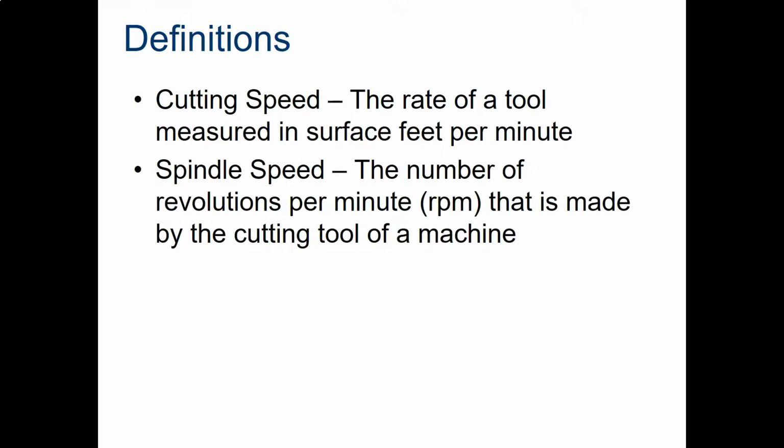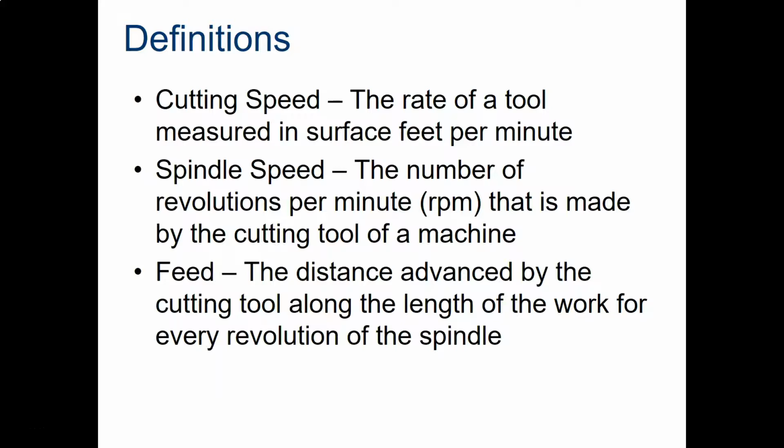This gives us the spindle speed, the number of revolutions per minute, or RPMs, that is made by the cutting tool of a machine. Feed is the distance advanced by the cutting tool along the length of the work for every revolution of the spindle. Feed, or chip load, must be converted to inches per minute to give us the feed rate.